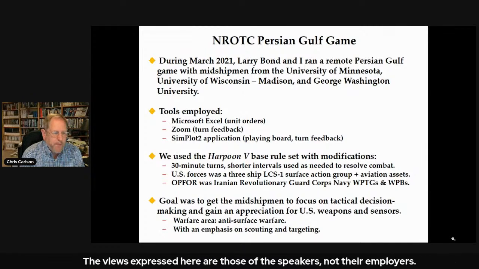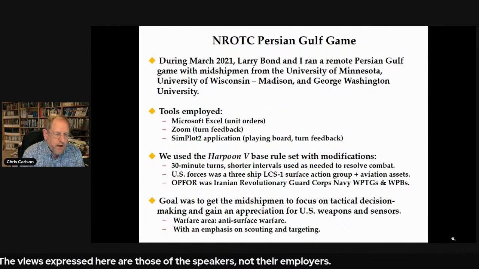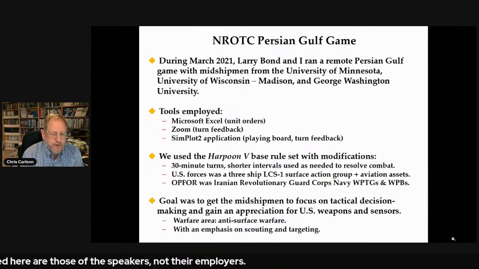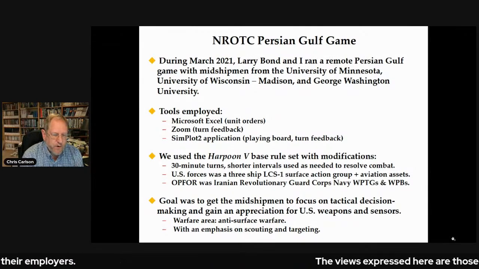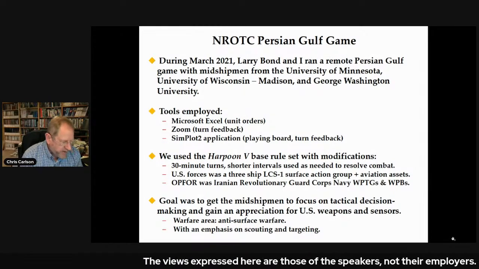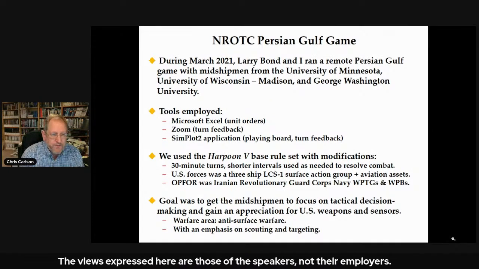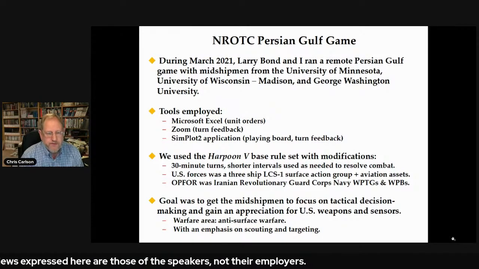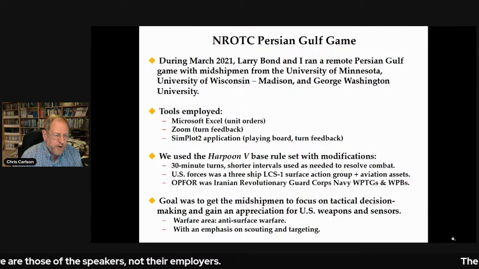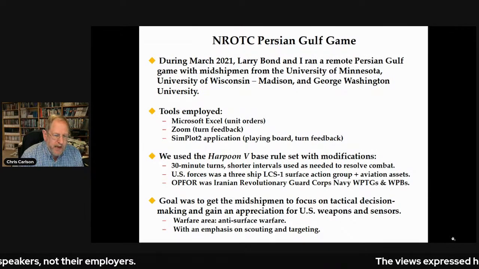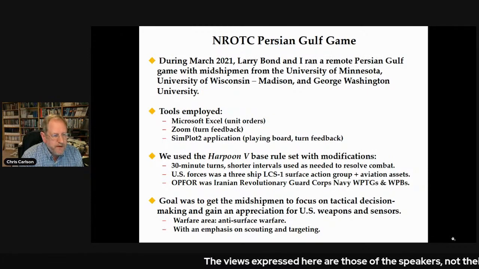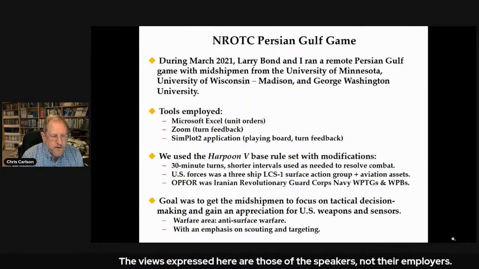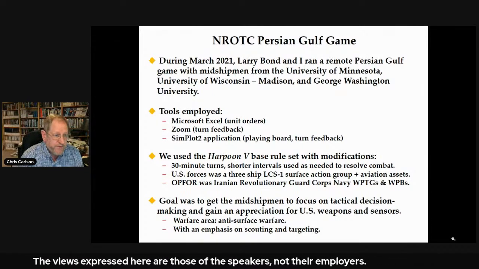Feedback was done predominantly through Zoom, again, because the universities all are using this. So we had a very straightforward approach for those folks because they've been doing this for the last year. To get away from some of the version control problems that we had in an earlier rendition, there was a coordinating school, in this case, University of Minnesota. They would send out a Zoom link so that we could go through browser if necessary.